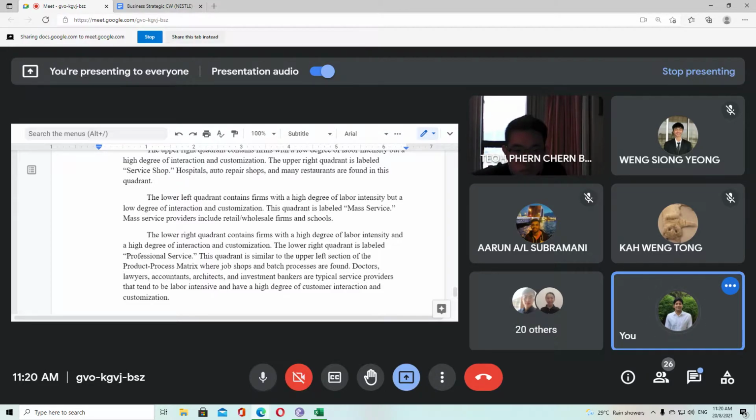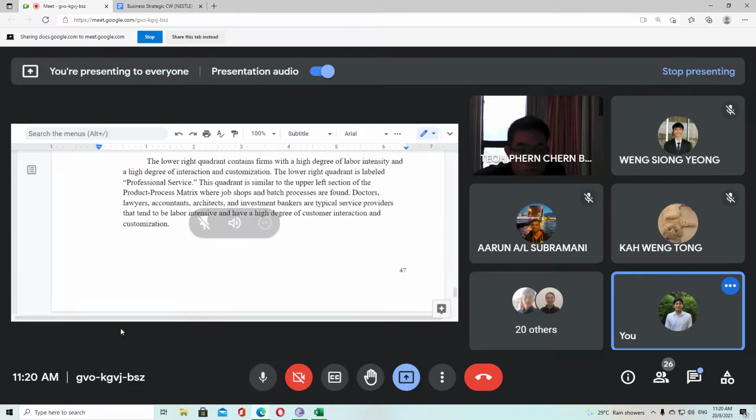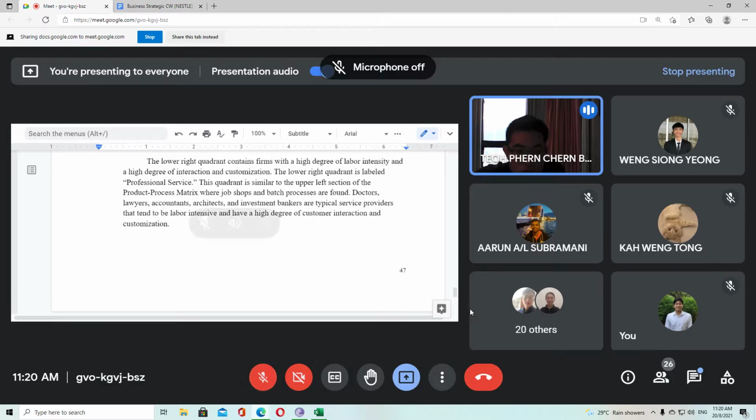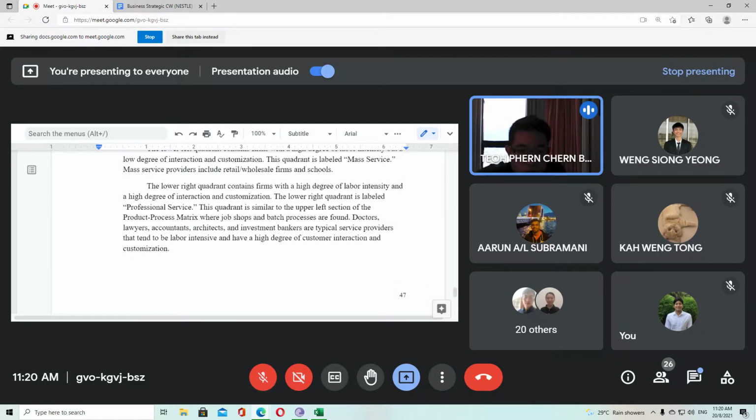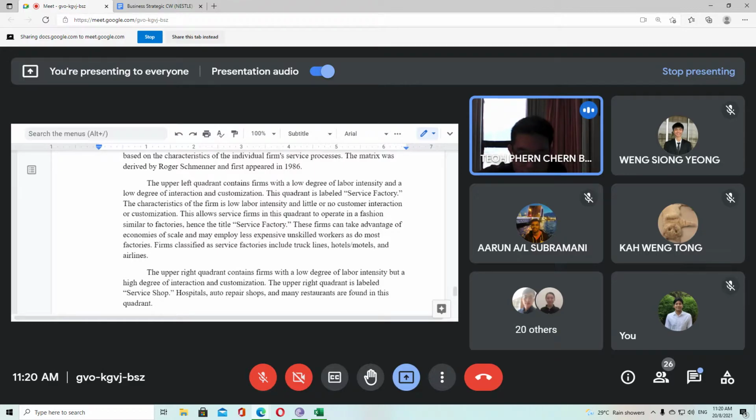Doctors, lawyers, accountants, architects, and investment bankers are typically service providers that tend to be labor intensive and have a high degree of customer interaction and customization. Yeah, so these 4 quadrants, you can see in your lecture notes, what do they mean?